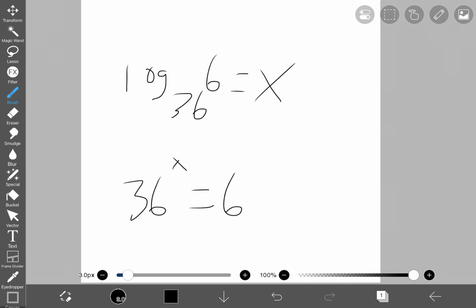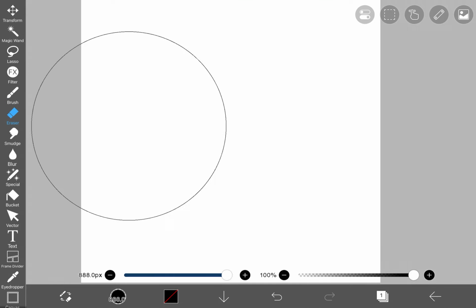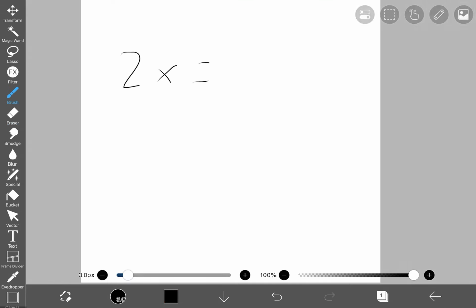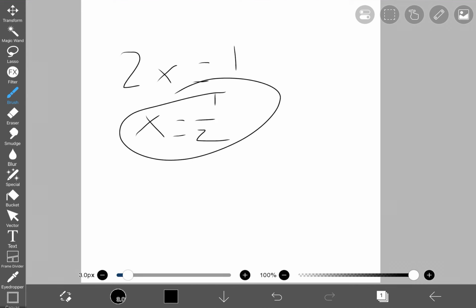And if you know properties of logs, you could make this really simple: you could make this 6 squared to the x, because if you have an exponent to an exponent, it's just multiplication, right? Equals 6 to the 1, and then you can turn that into 2x equals 1 and x equals 1/2. So that's going to be your final answer right there.